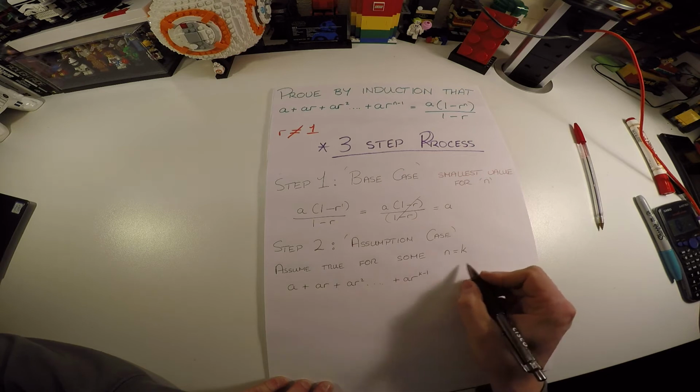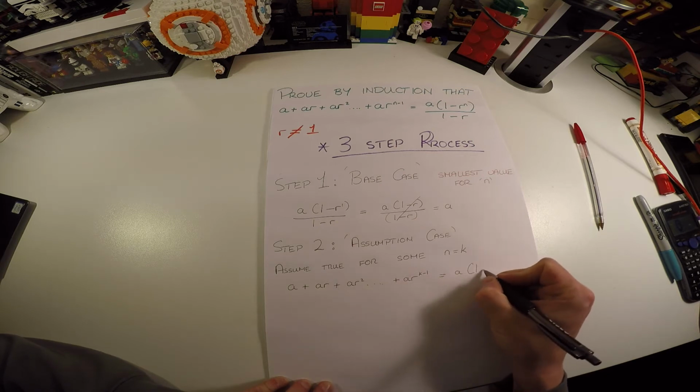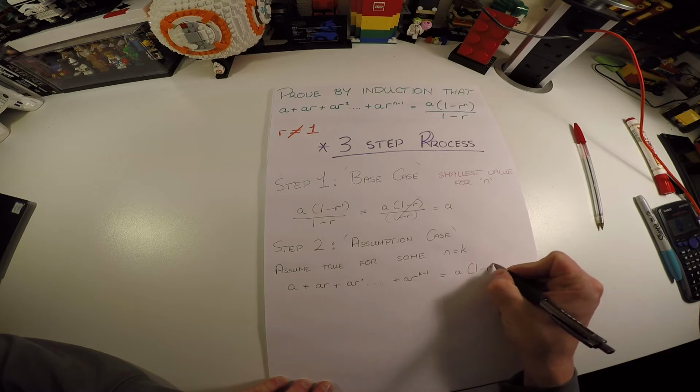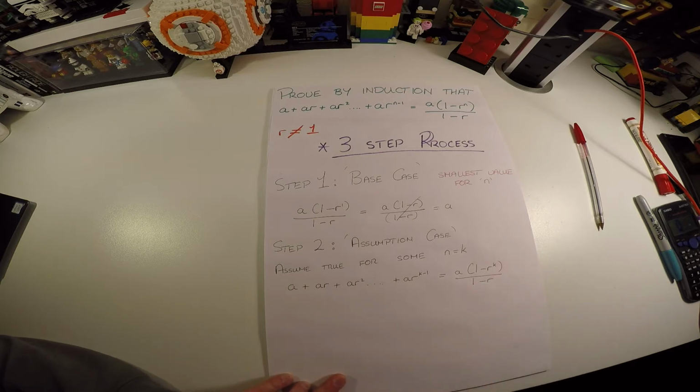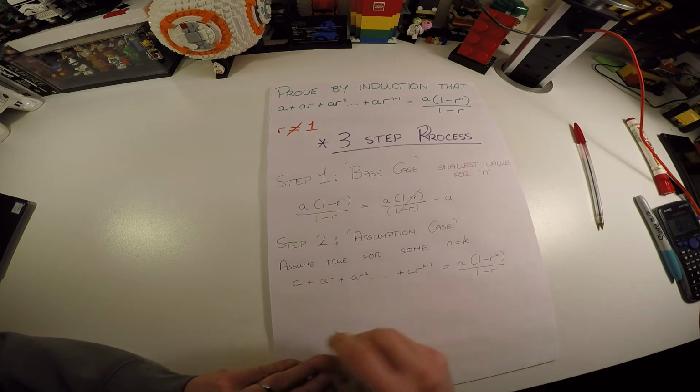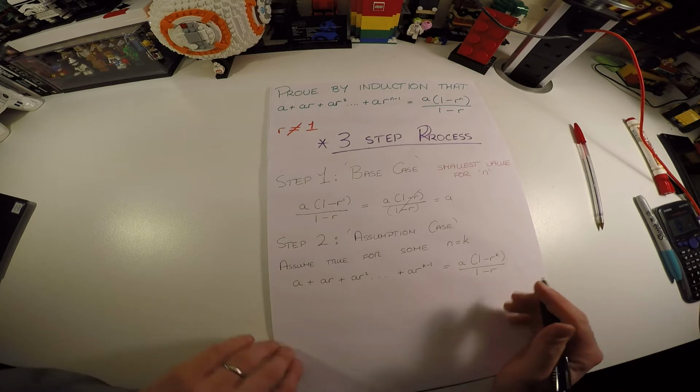So all the way up as far as there, that's up to the kth term. That should be equal to a times 1 minus r to the k over 1 minus r. Now, that assumption is going to be important in the next part.